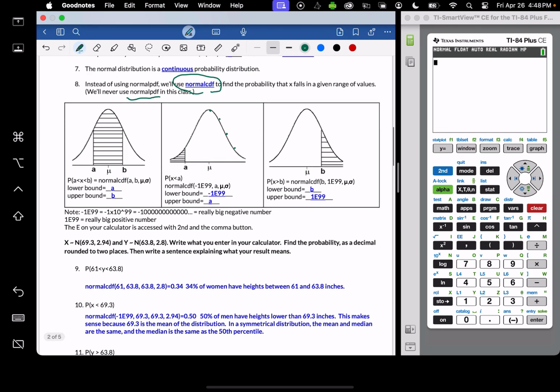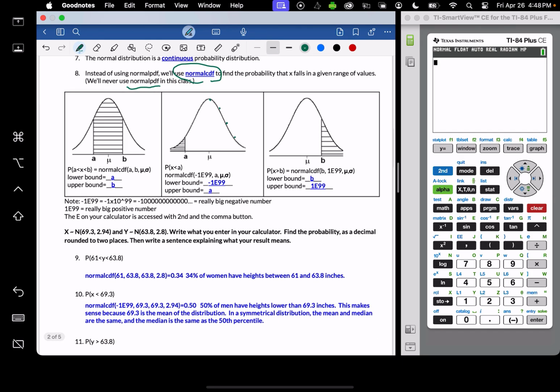Okay, so carrying on here a little bit, if we were finding the area between A and B in this picture, then our lower bound is A and our upper bound is B. If we are finding the area in the left tail, I'll just write the words left tail right here.